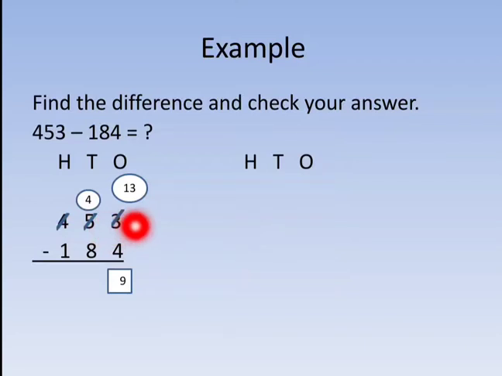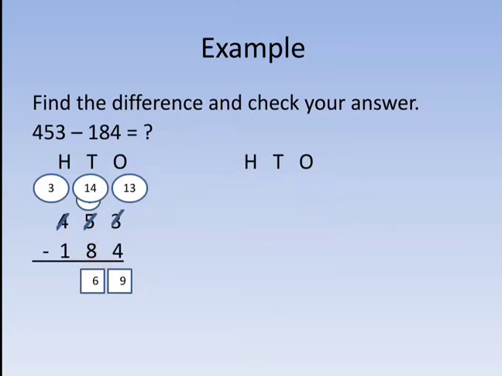When we borrow from the hundreds place, it is left 3 only. And when we add 10 to 4, we'll get 14. Now we can easily subtract 8 from 14. When we subtract 8 from 14, we'll get 6.